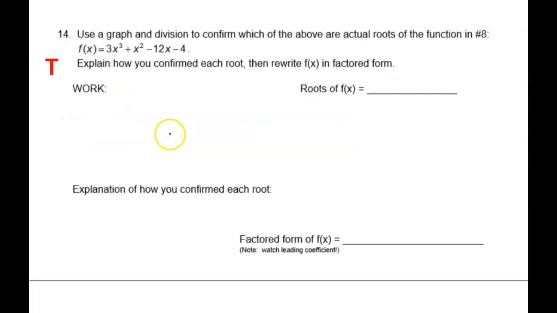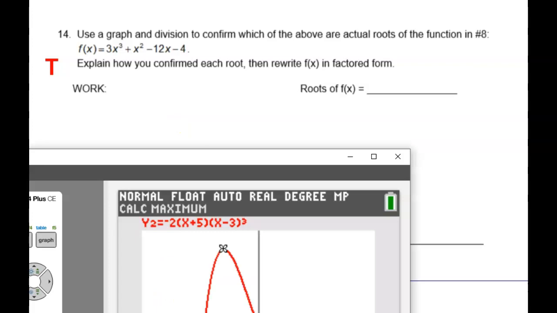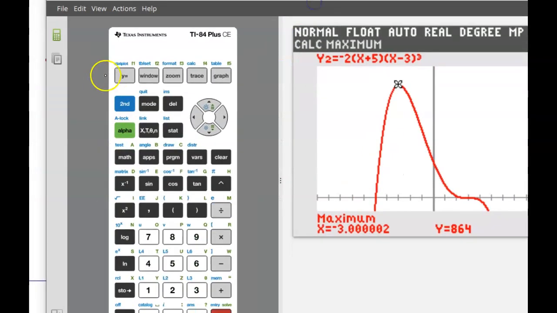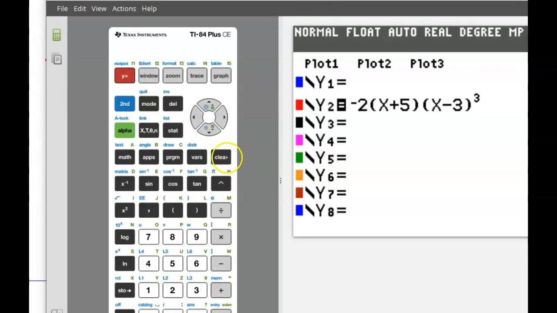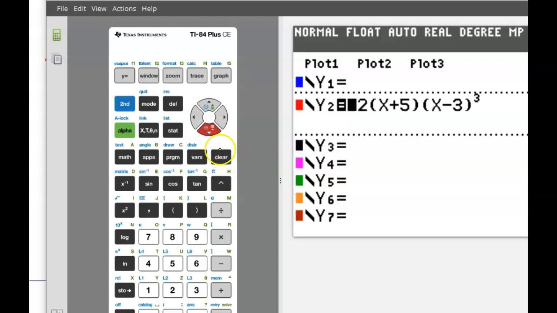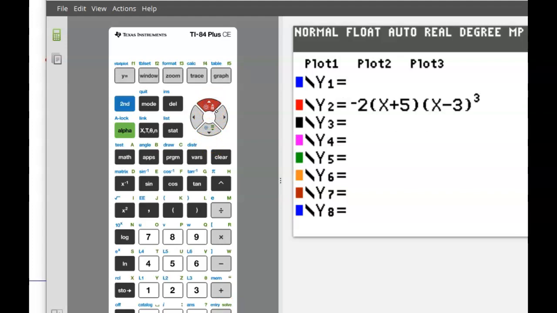All right, number 14. I think this is the same question we were just doing. What you want to do is find a couple nice ones. Could somebody read it to me?